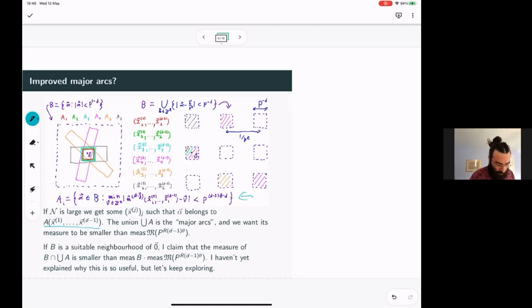What we want to do is rule out some bad solutions to make the measure of these major arcs small. Put in these terms, the idea that I sketched just now is to take only that part of these major arcs which lies in a neighborhood of 0, which I've called B. On the left-hand side here, I've taken B to be this little box around the origin.